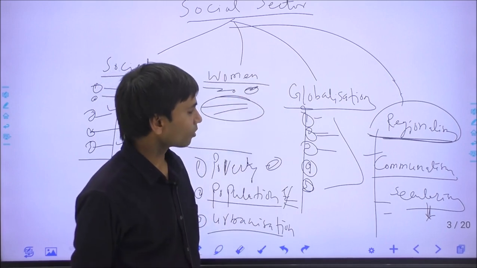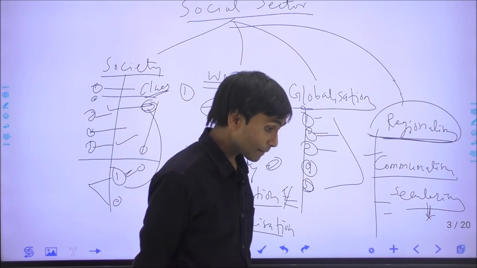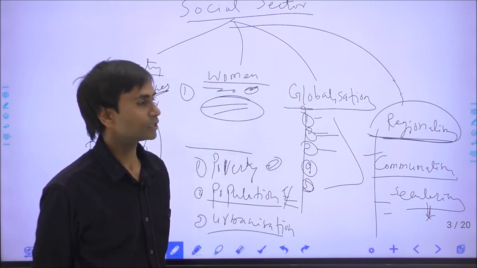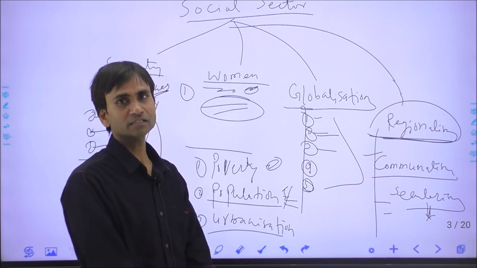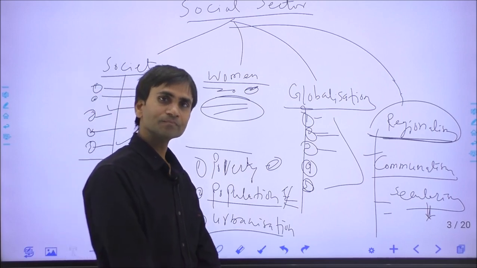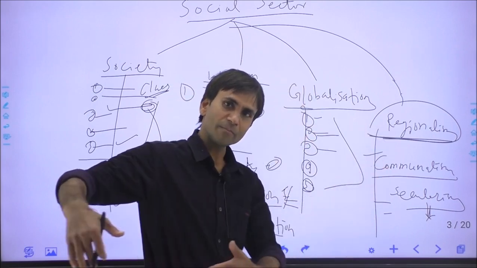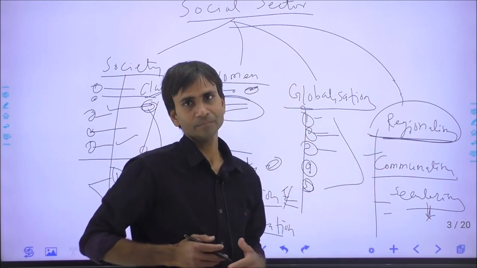Capitalism and communism, the rise of capitalism after the 18th century is the direct consequence of the industrial revolution, and communism is a consequence of the Russian revolution. So what are the main aspects of communism and capitalism?